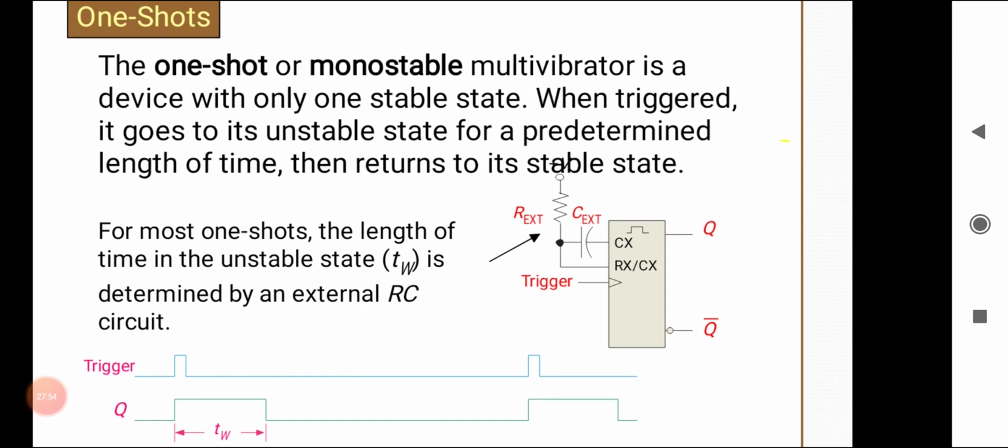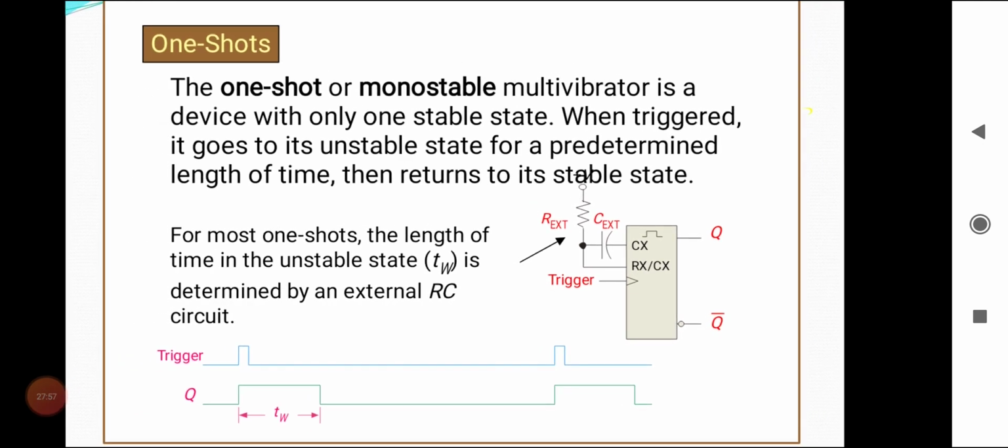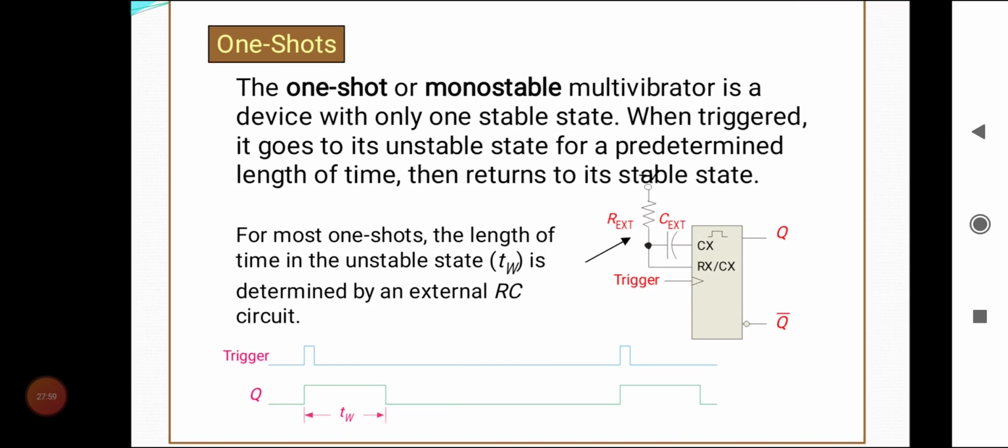The trigger pulse, the RC circuit, and the outputs Q and Q complement of the flip-flop. When a trigger pulse is applied, the output Q changes to a high level. After the unstable state of TW, a predetermined length of time, it comes back to the low state.